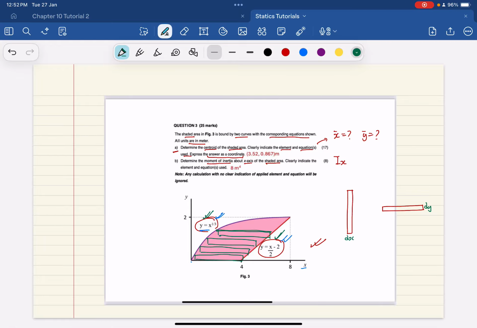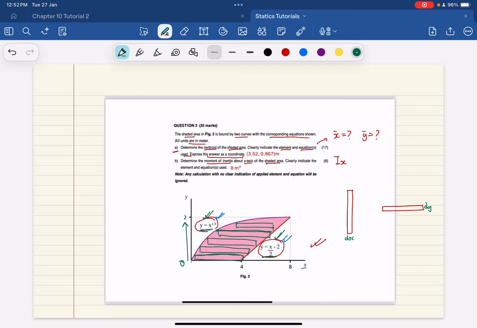You're not affected by anything else actually, and this will remain consistent throughout all the y values from 0 to 2. Your rectangle here is basically bounded by these two curves. So you don't have to split into two parts. That means that your integration will be far easier.